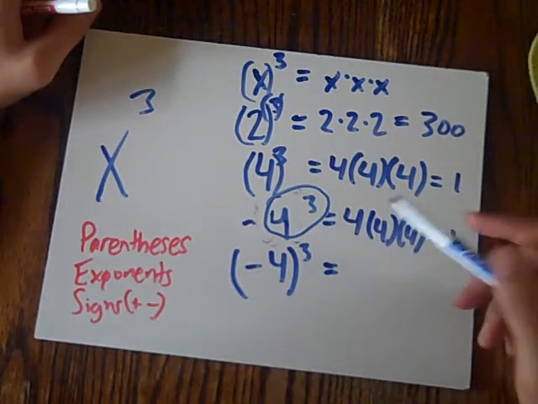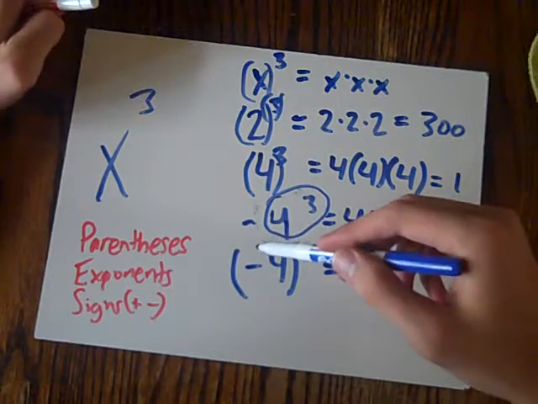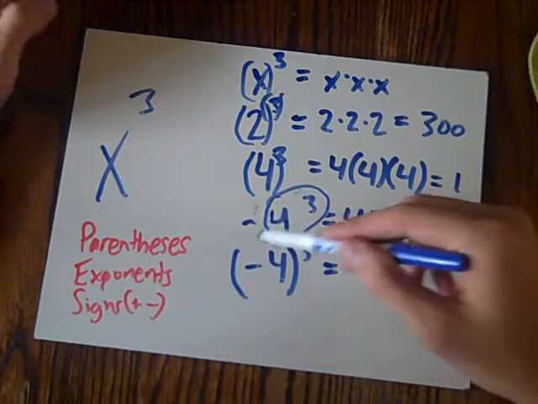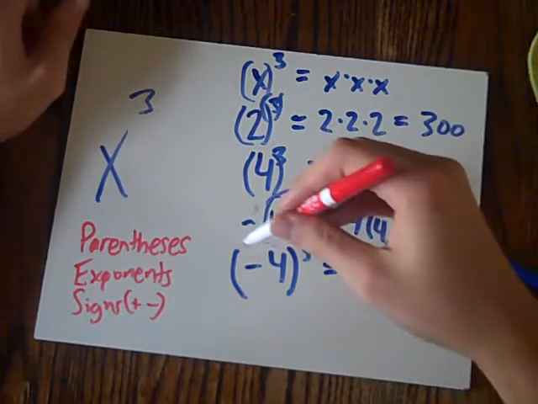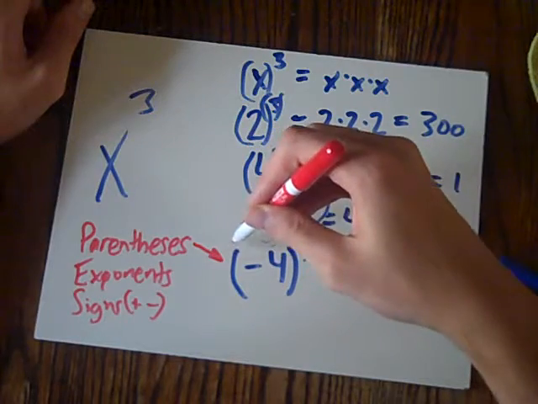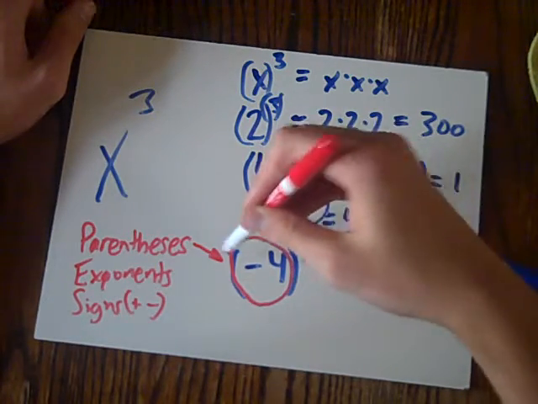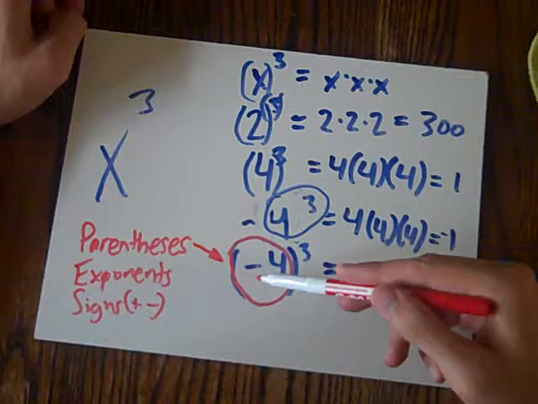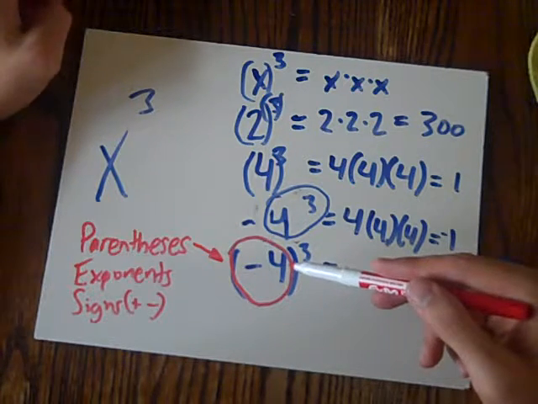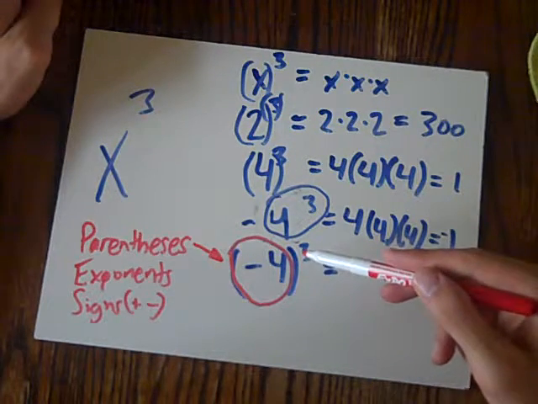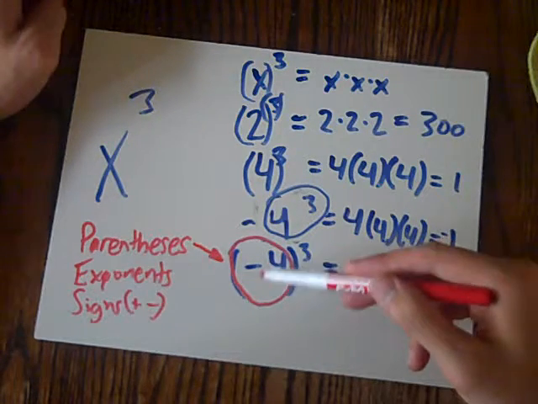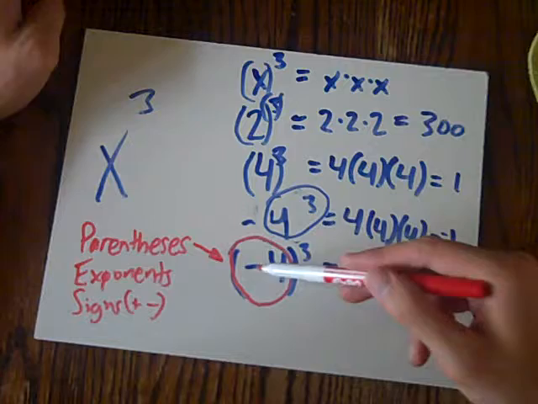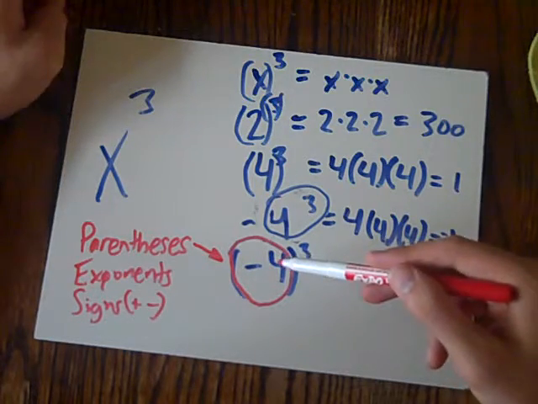Now we do this part. Let me get the red marker, so this is easier. Now we do the parentheses first, right? So that's this parentheses, which is -4. Now we do the exponents. The exponent applies to everything in the parentheses, since we did the parentheses first, and this negative sign happened to be inside the parentheses.